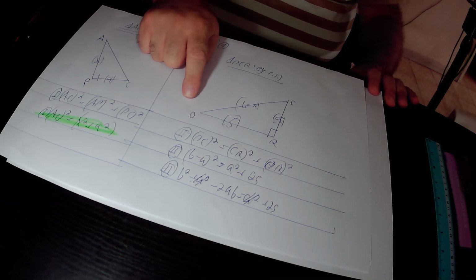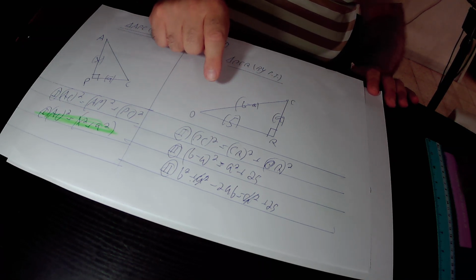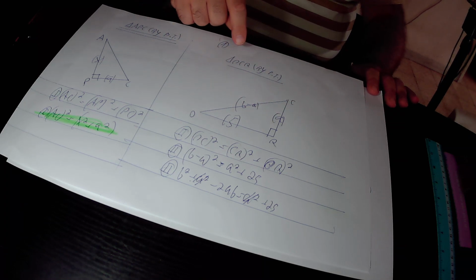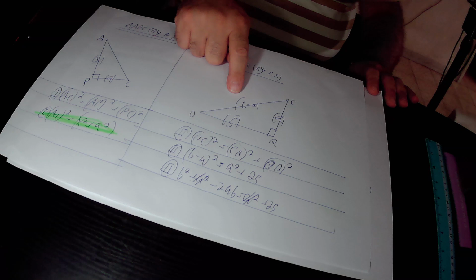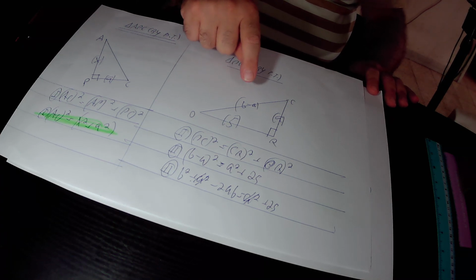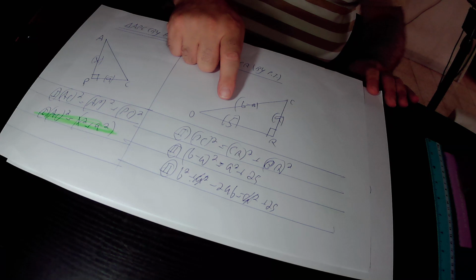According to the Pythagoras theorem, OC squared, the square of the hypotenuse, equals CQ squared plus OQ squared. OC is B minus A, therefore OC squared is B minus A squared. CQ is A, therefore CQ squared is A squared. QO is 5, therefore QO squared is 25.